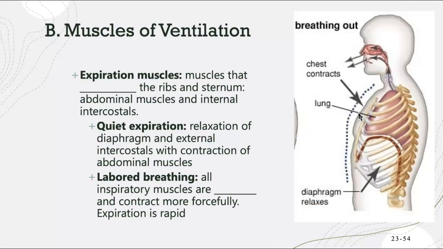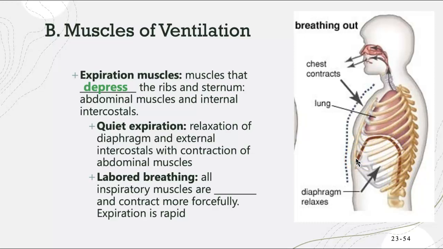Now, when we take a look at our expiration muscles, that will include our muscles that we see depressing the ribs and the sternum. So that would include our abdominal muscles, as well as our internal intercostal muscles sitting in between the ribs here. When we have quiet expiration taking place, our diaphragm relaxes, and this creates a dome shape that we see here.